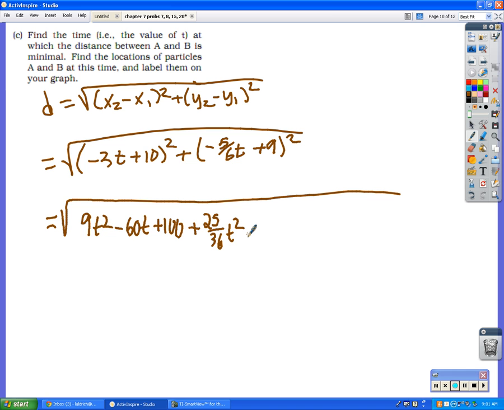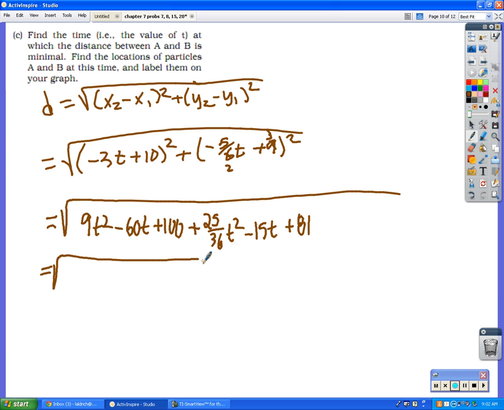If I multiply those two together, negative 5/6 times 9, 3 goes in here twice, 3 goes in here 3 times. So that's going to be negative 15 halves. Then I have to double that, so that's going to be negative 15t, and then 9 squared is 81. Okay? So this is totally awesome. And as a side note, good chance that we're doing this completely incorrectly.